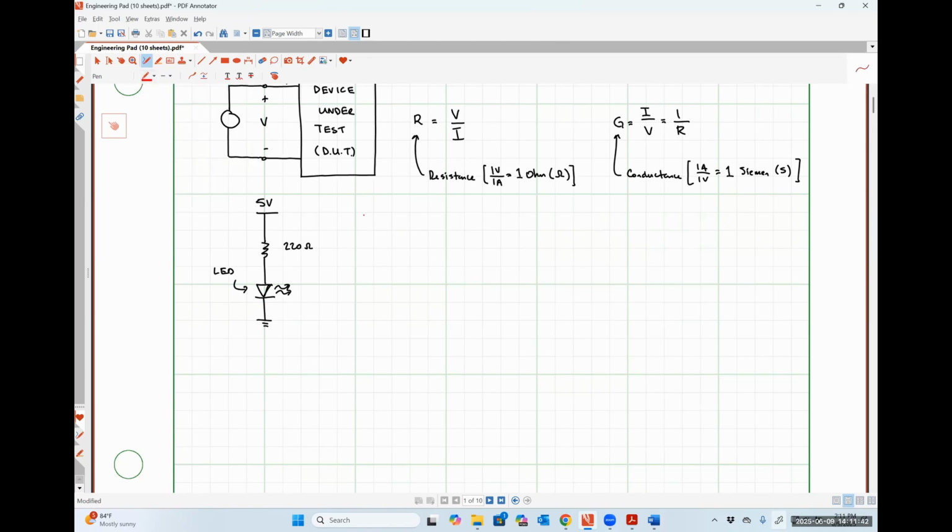So I'm going to say that resistance is a measure of how difficult it is to pass current through a circuit element.